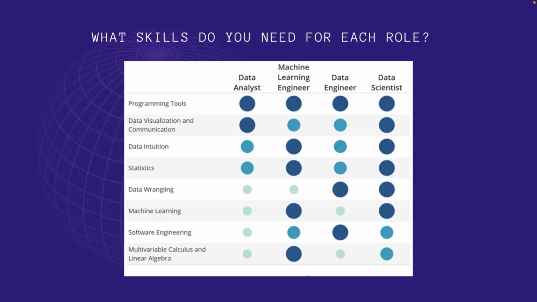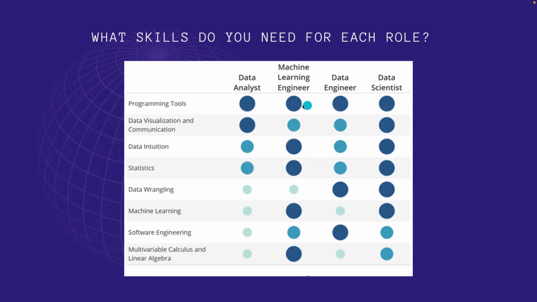First of all, you might be wondering what skills you need in order to perform each role. The data analyst relies more heavily on data visualization and communication. They need to be able to program in order to produce visualizations, and they use a bit of statistics.